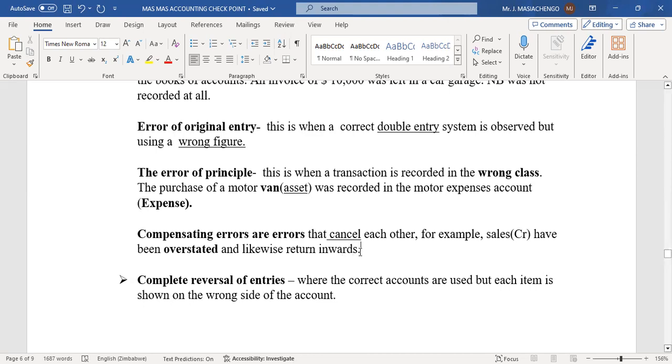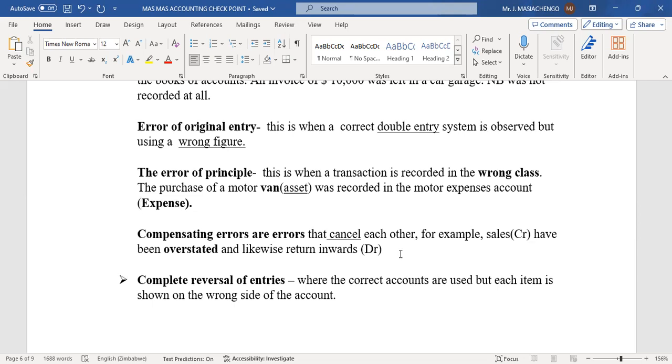You overstate returns inwards, which are sales returns, right? Returns inwards have a debit balance. So in simple terms, we have overstated the credit balance, and also we've overstated the debit balance.